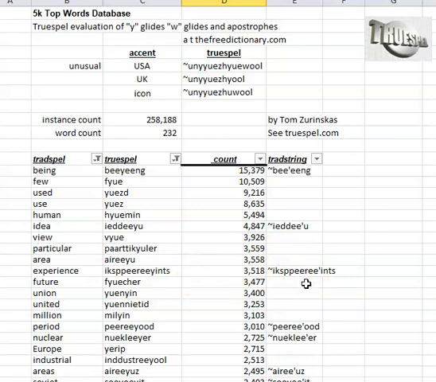It's kind of an apostrophe pause if you don't use the Y glide. Period, period, nuclear or nuclear. So for every instance where there could be an apostrophe or a Y glide, depending on how you say it, Truespel will always have a Y there, a Y for a Y glide.